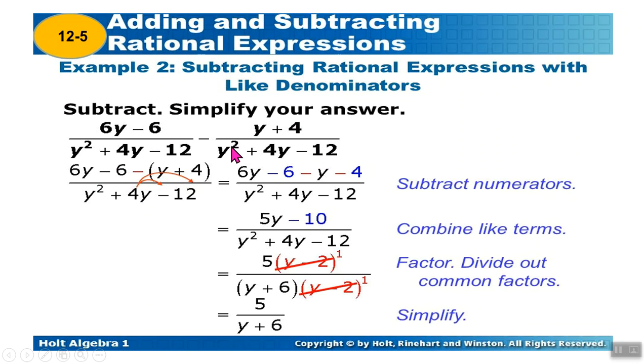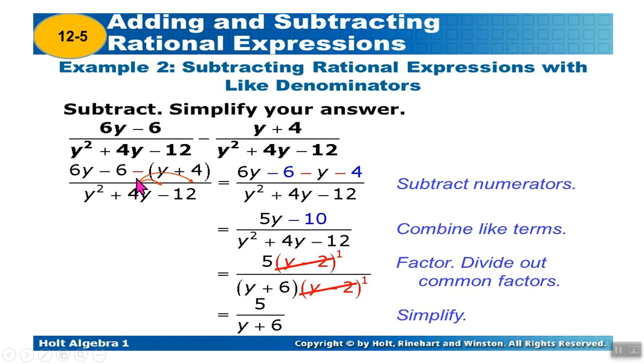The two denominators are the same, so we write a big fraction and write the denominator as it is, y squared plus 4y minus 12. We don't add or subtract the denominators. Now we have to subtract the numerators: 6y minus 6 minus (y plus 4).